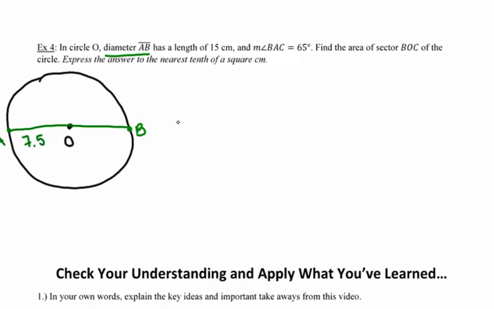And the measure of angle BAC is 65 degrees. So I've got to put C somewhere on the circle. Now I've got angle BAC. Its degree measure is 65. And I do know that if I have an inscribed angle that's 65 degrees, the arc that goes along with that angle must be double that angle, or 130.